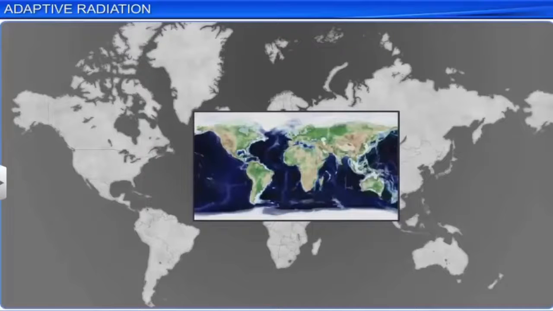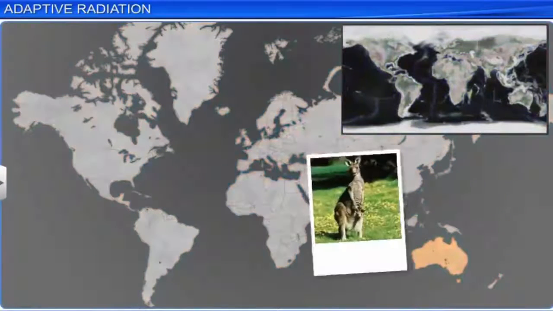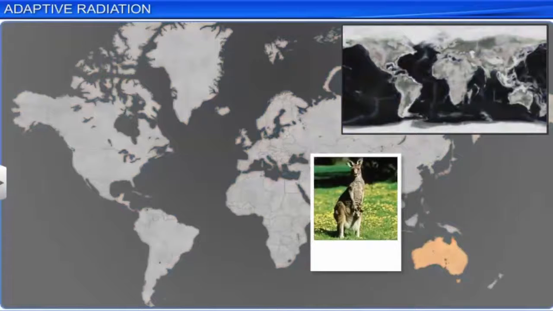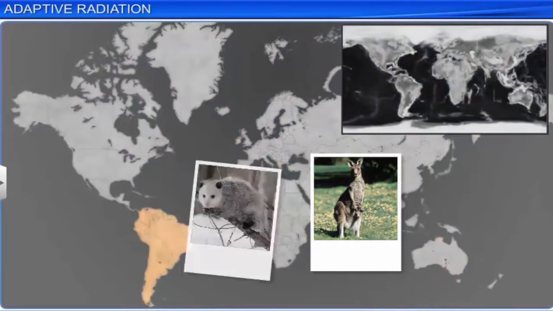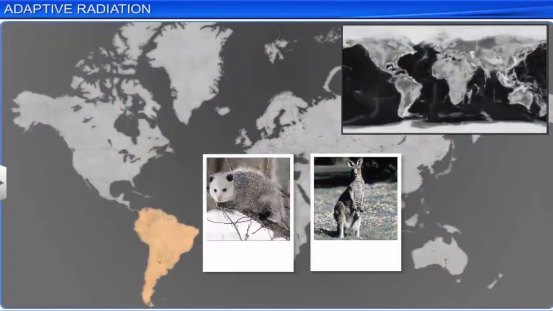While one group of marsupials was isolated on the Australian island, the other group remained in South America. Thereafter, the marsupials on both these continents evolved in a parallel manner, and hence this is also known as parallel evolution.